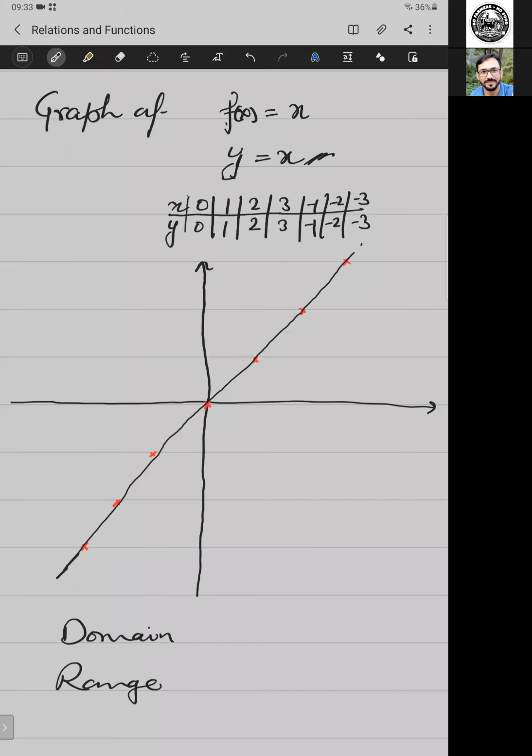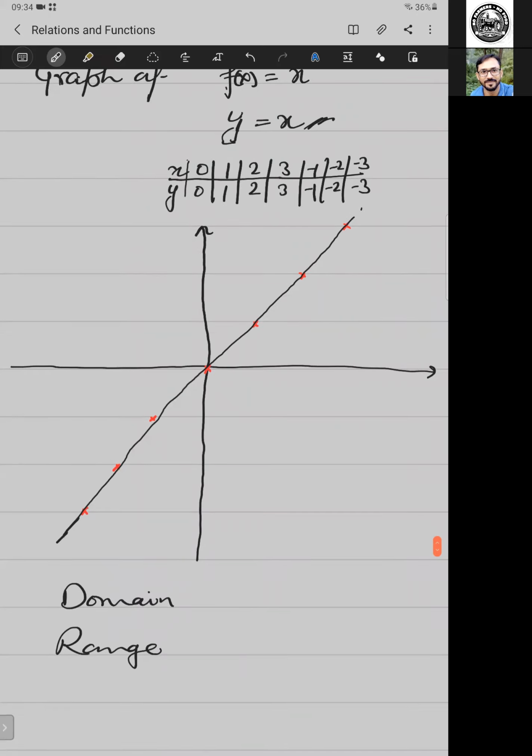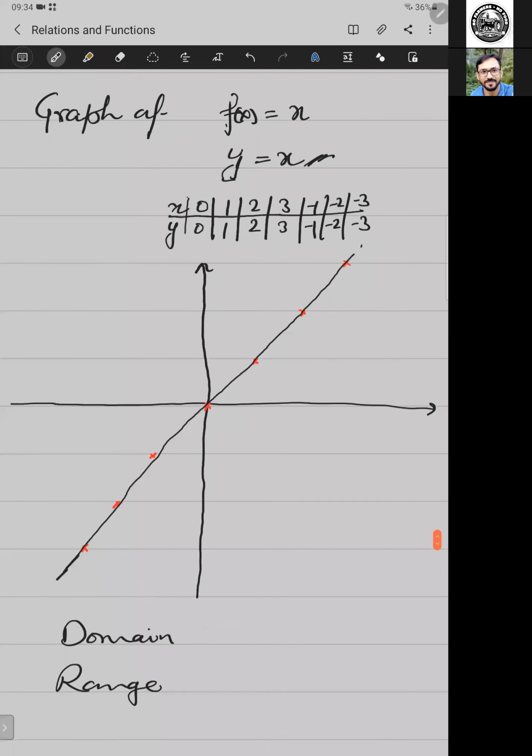Just try to understand: domain means the values of x, and the values of x will be real numbers, because every value we are able to put. On the x-axis of the graph, we are able to put each and every value. That means we can put -infinity to infinity.